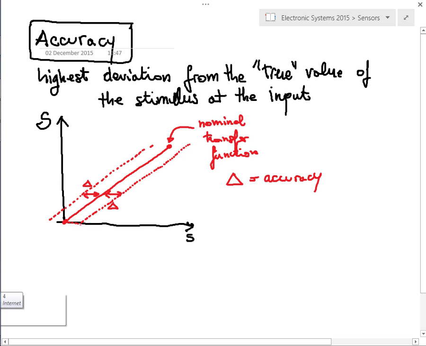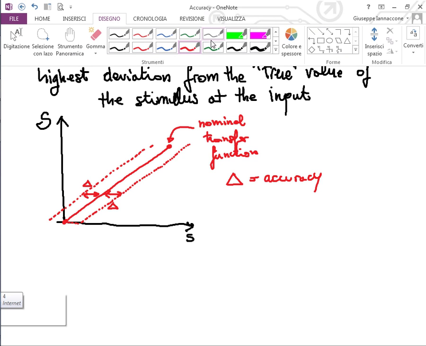So with respect to the nominal transfer function, the actual transfer function is in this band between the two parallel lines.